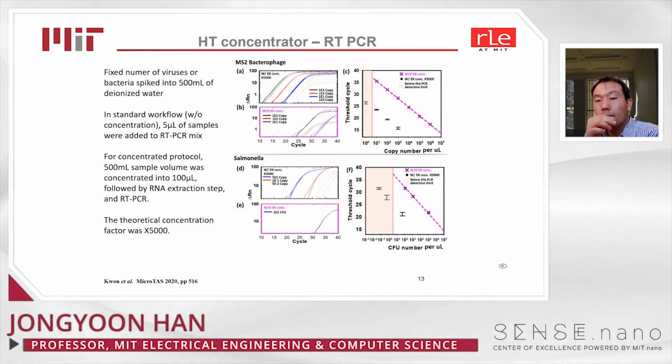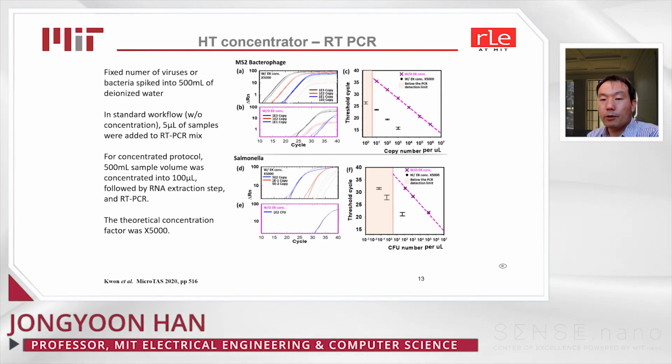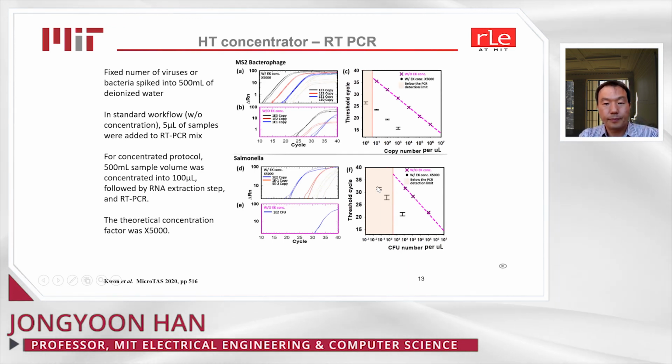This comes from the fact that most PCR reactions cannot be done in more than a 10 microliter volume. Now, with this concentration, we can bring this further, beyond that limit, to 0.1 copy per microliter, or even 0.01 copy per microliter. So we think this is the way forward to really break through the current detection limit.